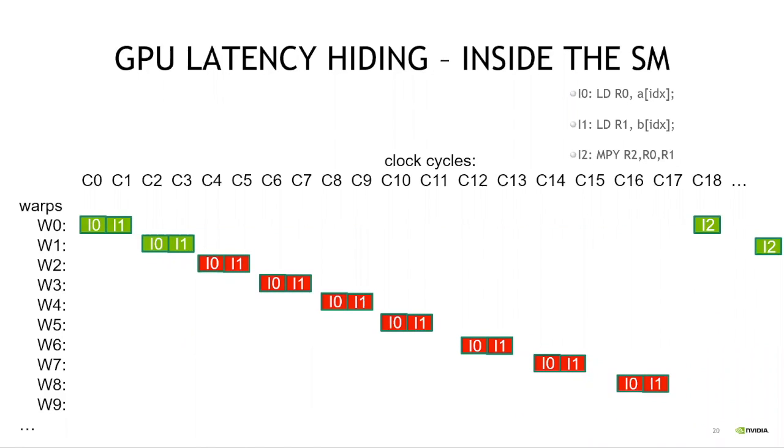Now, that brings me to my next point, which is my first thought question. If you are the warp scheduler or the programmer, what can you do to optimize this scenario? What can you do to make this scenario have the best possible outcome?